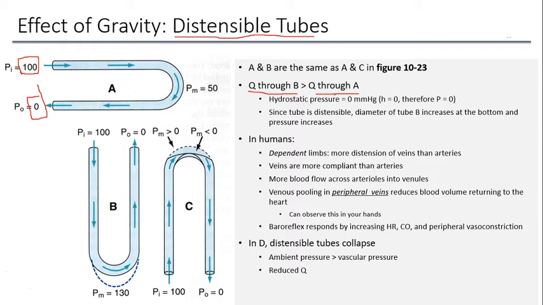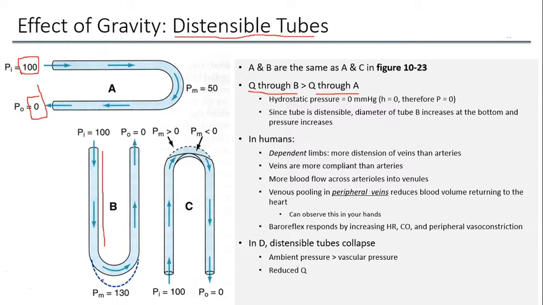How does hydrostatic pressure, or how does gravity, impact the flow of blood? Well, with distensible tubes, this blood flow is going to come downward, right? And then as pressure increases at this bottom point, the vessel is going to start to increase in its radius, in its diameter, as more blood is piled up down below due to that pull of gravity.